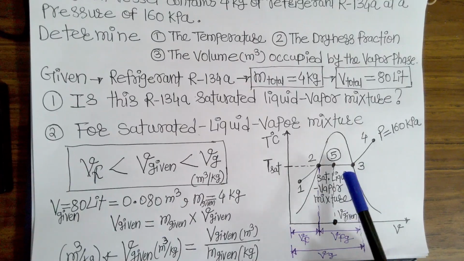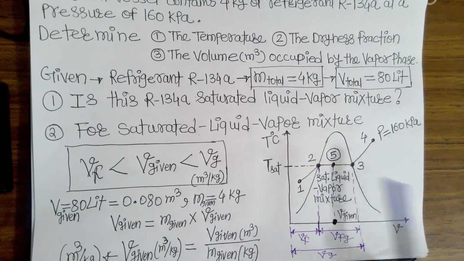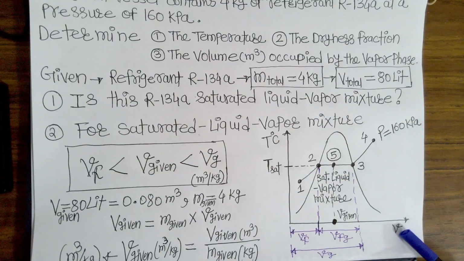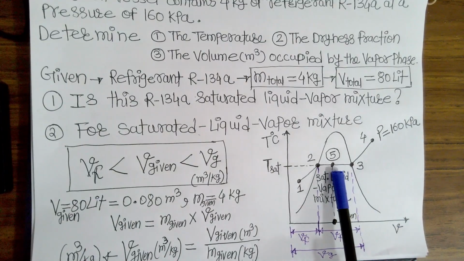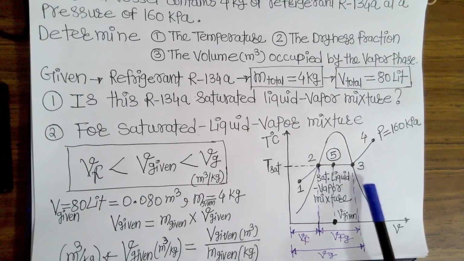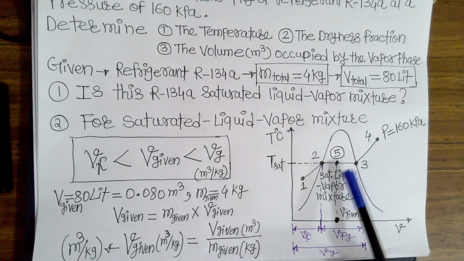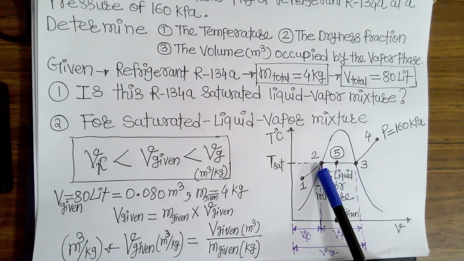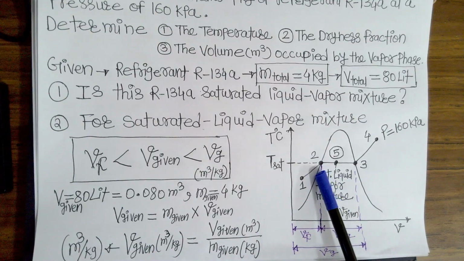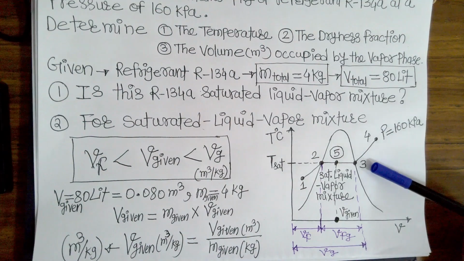We can see here condition 5 is in between condition 2 and condition 3. From the x-axis, the specific volume of condition 5 is in between the specific volume of condition 2 and the specific volume of condition 3. We can also say that the specific volume of condition 5 is greater than the specific volume of condition 2, but it is less than the specific volume of condition 3.